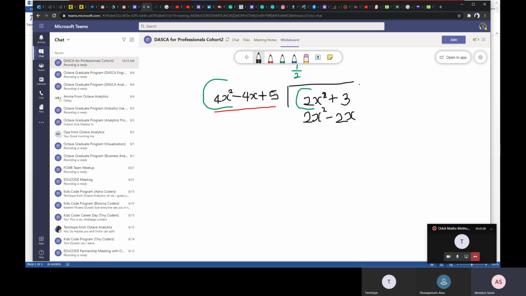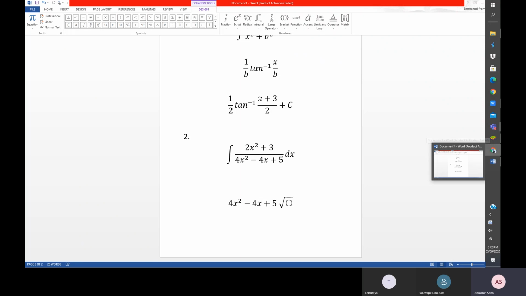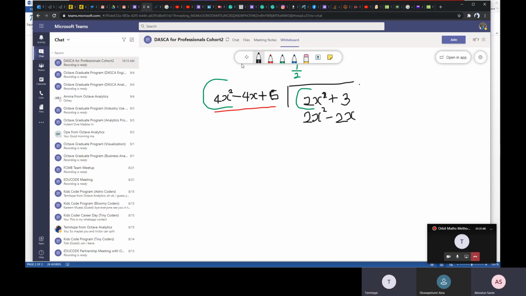Let me change this 5 to 6, because I don't want to have a fraction. So 1 over 2 times 6 is 3, right?